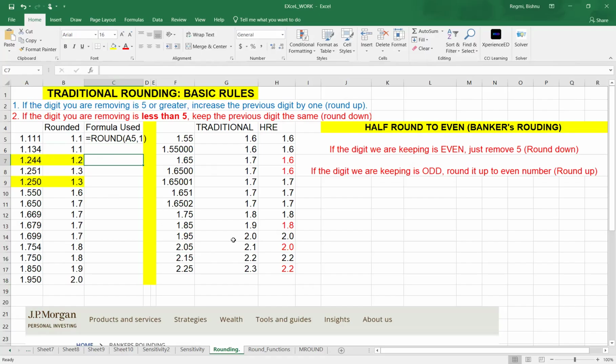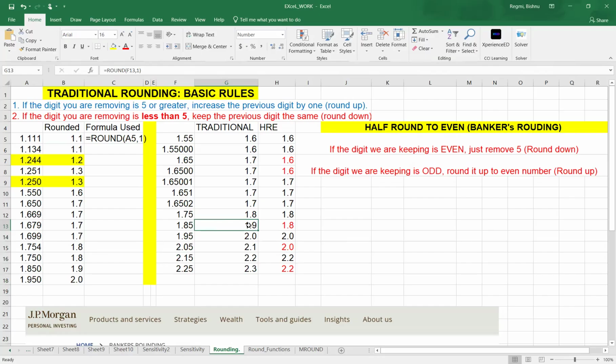When rounding midpoint values such as 1.55, 1.65, 1.75, 1.85, 1.95, the traditional method is to always round up. However, this method introduces bias in large datasets because the values are consistently pushed in one direction.